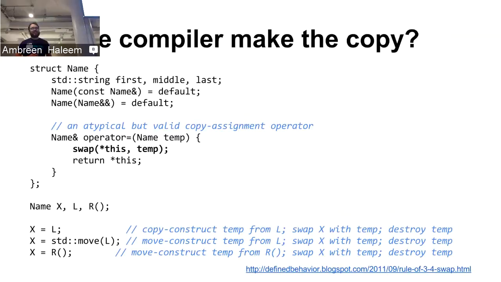It's possible to make a copy assignment operator that doesn't take a reference at all, just takes the right-hand side by value, which means that anytime you call the assignment operator, you're actually making a copy of the right-hand side already, as the caller has to make that copy. Then all you need to do is swap with that copy, and then the caller destroys it, and it works great.